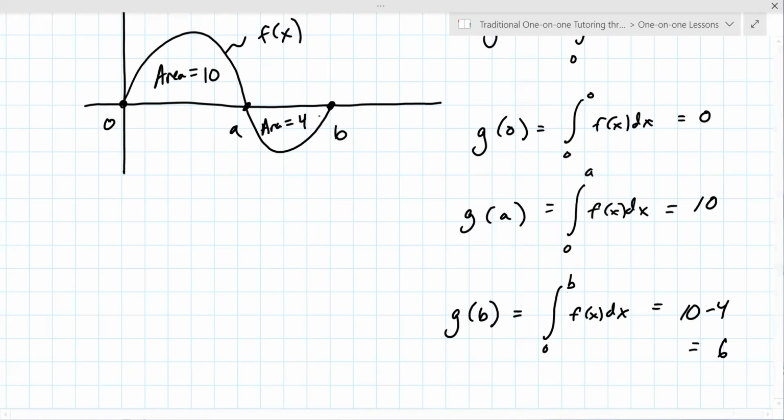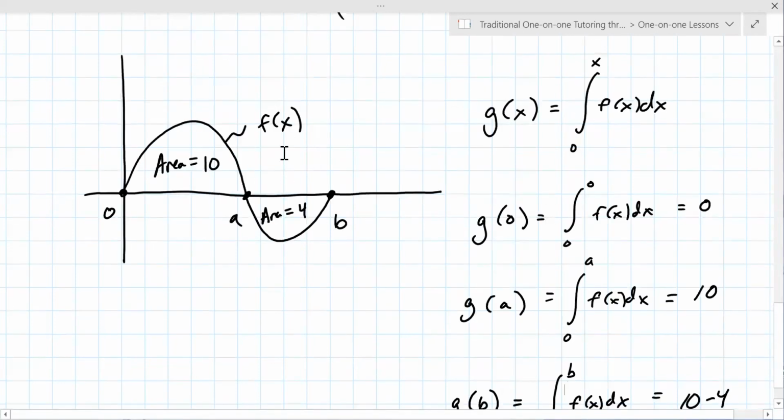If we were to let the graph here, it says that f of x is the derivative of g of x. So this is the derivative graph. There's a lot of things that we could ask for here.